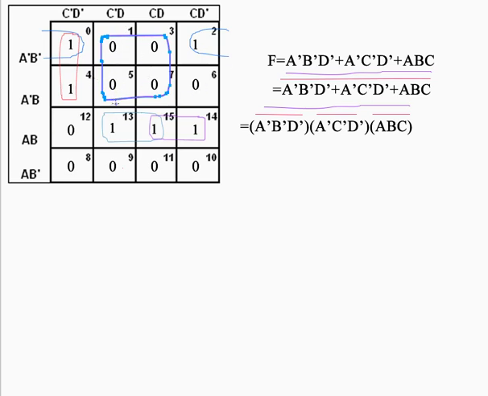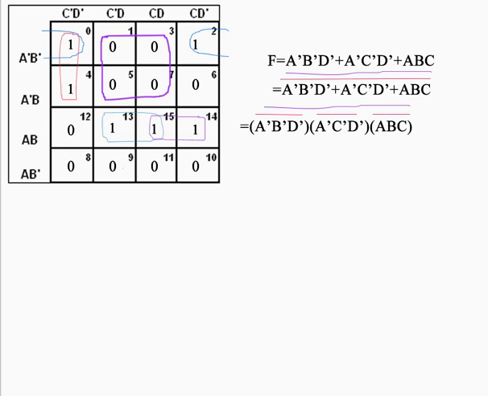It is a prime implicant because it is maximal, so no other contains it. And it is an essential prime implicant because it contains this zero, which is not covered by anything else. All right, so that would be one of the groups.